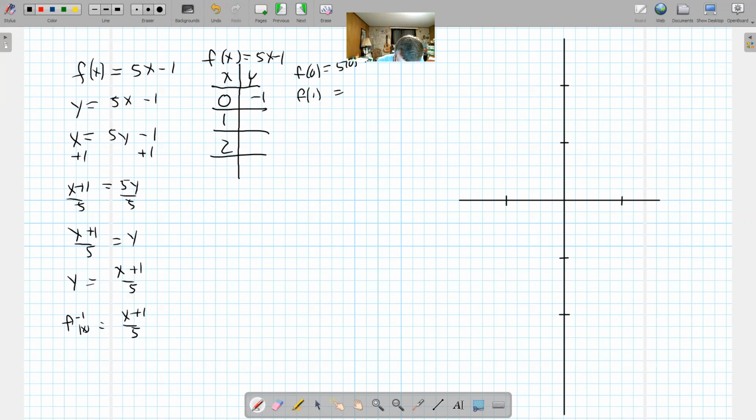F of 1 would be 5 times 1 minus 1, which is 4. F of 2 is 5 times 2 minus 1, 10 minus 1, which is 9. Let's plot those points. 0, negative 1, 1, 4, 2, 9. And let's draw a line through that.